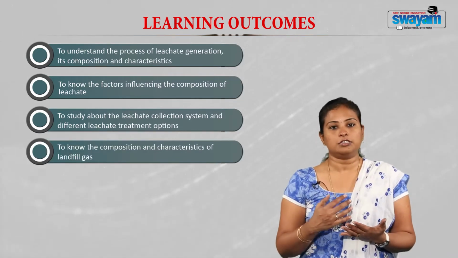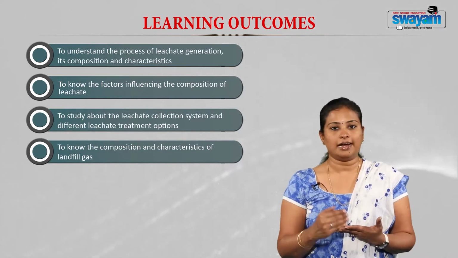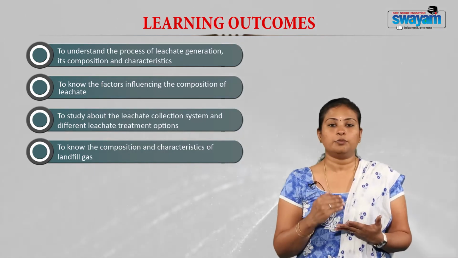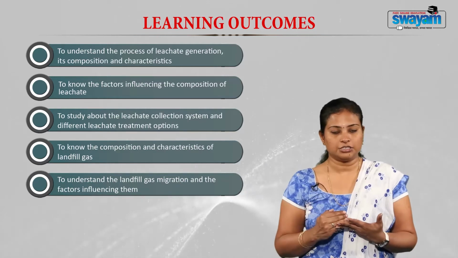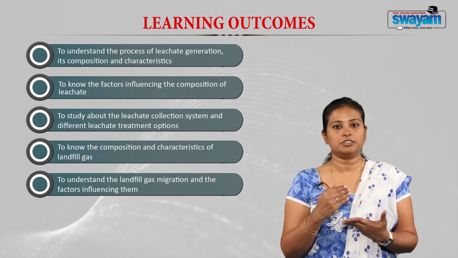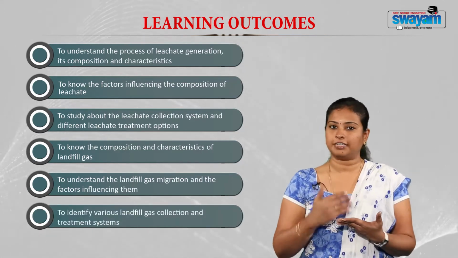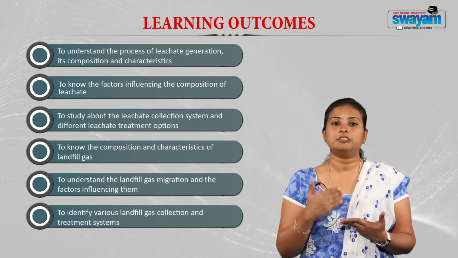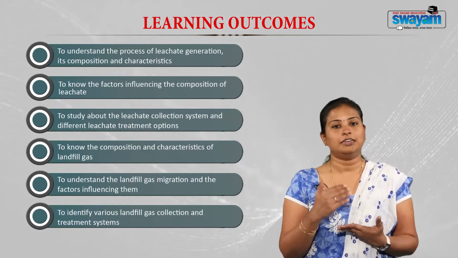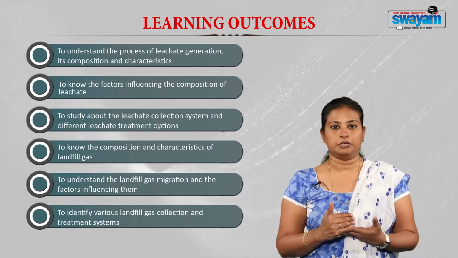Further, we will discuss the landfill gas, its composition and characteristics. Also, we will discuss landfill gas migration and the various factors that influence the migration of the gas. Lastly, we will discuss how the landfill gas is collected and what the different treatments are that are available for landfill gas that is generated during the decomposition of solid waste.